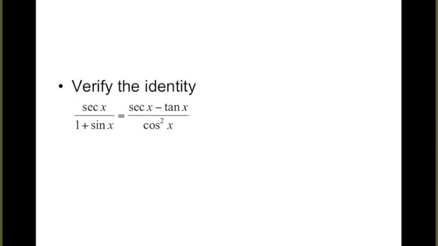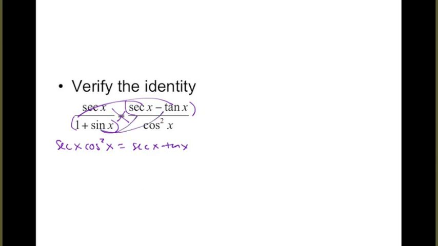Since this one's a fraction equals a fraction, we can do that cross-multiplying again. So I'm going to multiply secant times cosine squared. And for the other diagonal, we have parts, so we're going to need to do the distributing. So I'm going to multiply 1 through. That gives secant x minus tangent x.